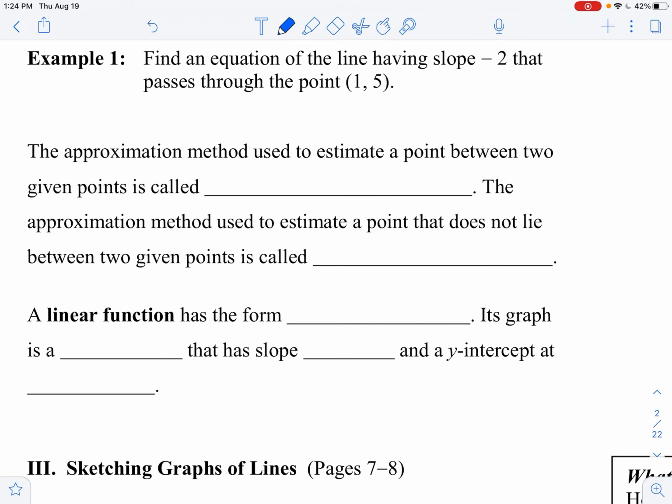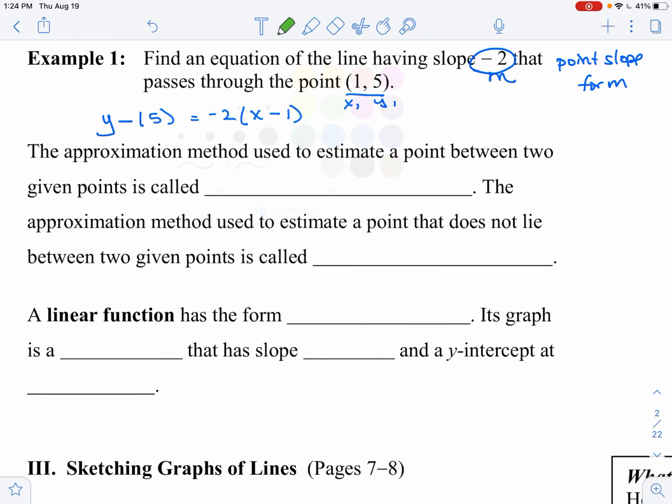So find the equation of the line having slope -2 that passes through the point. Okay? So if we look at this, we can plug this in and we can go point slope form, which is going to look like, if this is x1 and y1 and this is m, we're going to go y minus y1 equals m times x minus x1.